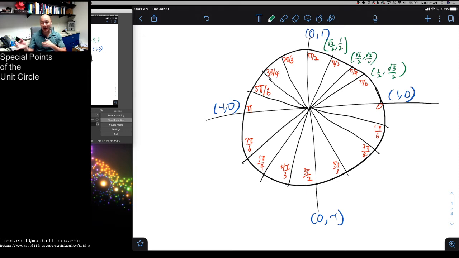From that we got the coordinates in the first quadrant of what would happen if your angles were pi over 6 or pi over 4 or pi over 3, and what the xy coordinates would correspond to on the unit circle for those angles. And you see those labeled here.